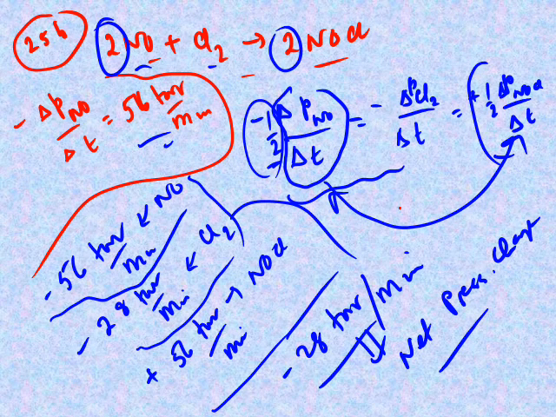On the other hand, product is being formed at the same rate as dissipation of NO, which is 56 for NO, so it has to be plus 56. So now you add up all these numbers to find the net change. The net change is going to be minus 28 torr per minute. That's the net pressure change because of this reaction.